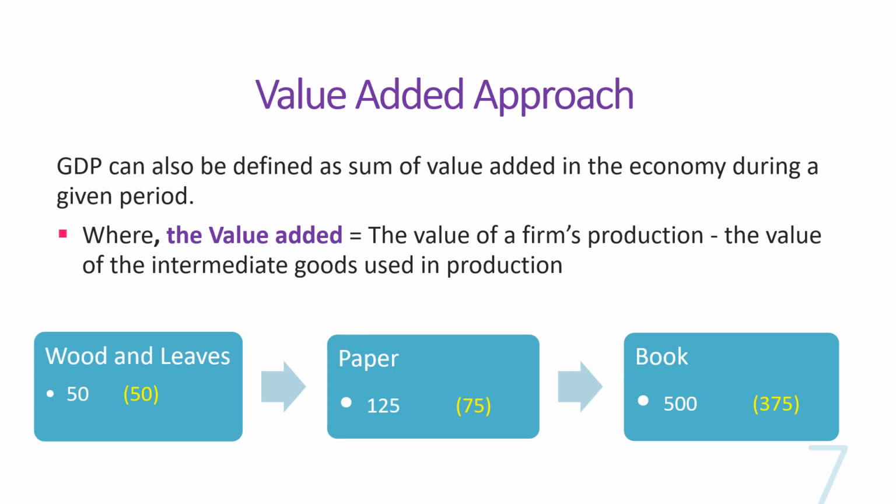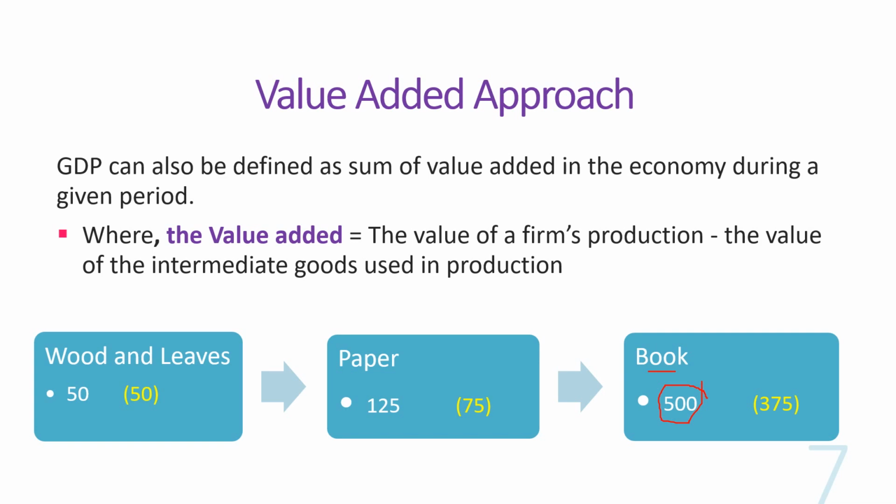Now, under final good approach, we should include in GDP only the price of final good, that is the book, which is 500, and ignore the intermediate goods such as paper, wood and leaves.